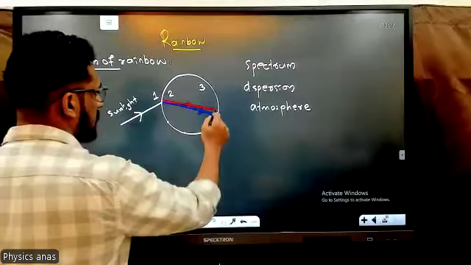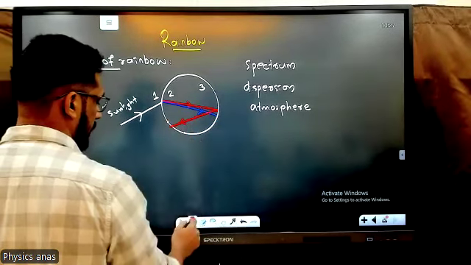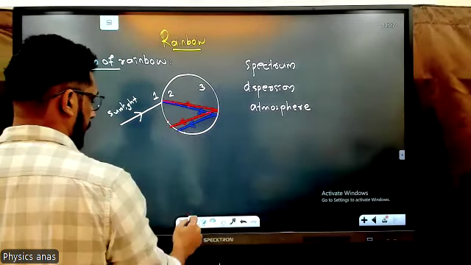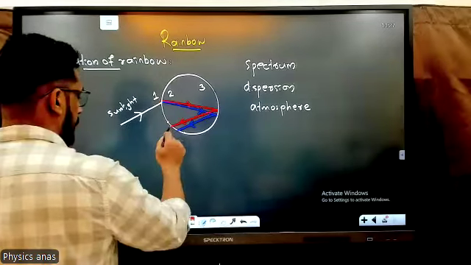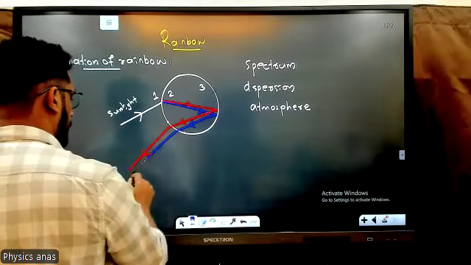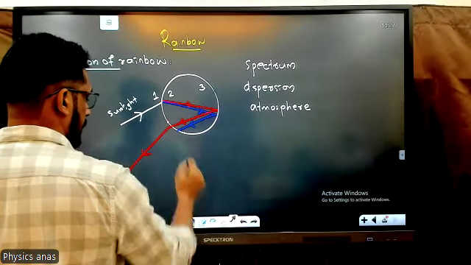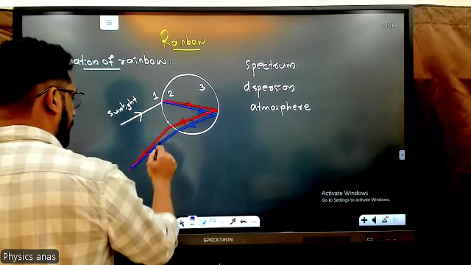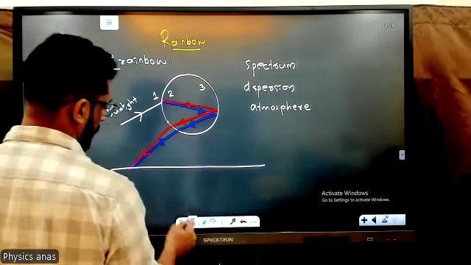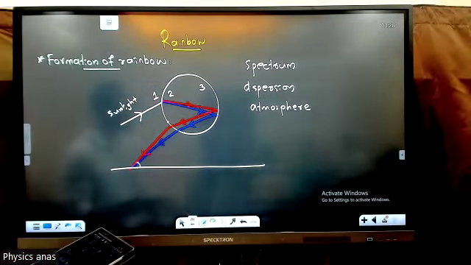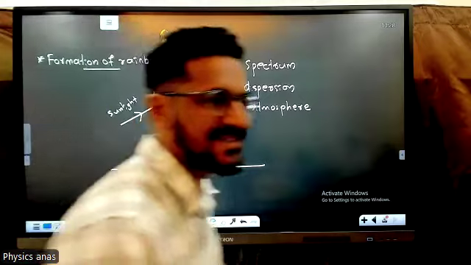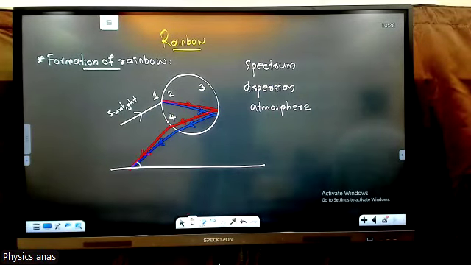Formation of rainbow. If you have colors, you can draw it with colors. If you don't have red or violet, you will not be having violet.